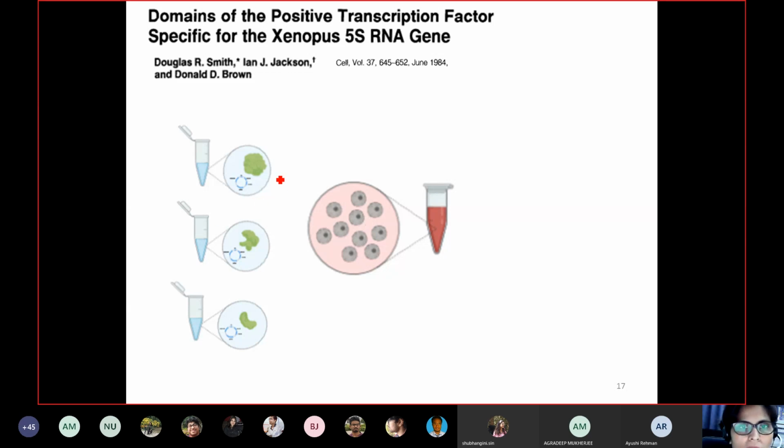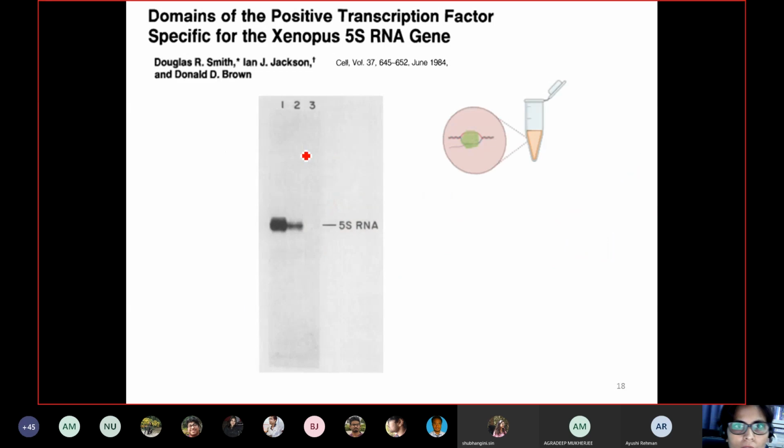The transcription will happen only when you have exogenous transcription factor. When they performed this kind of assay, they found that lane 1 is the 40S molecule. The 40S transcription factor is able to produce the 5S RNA.